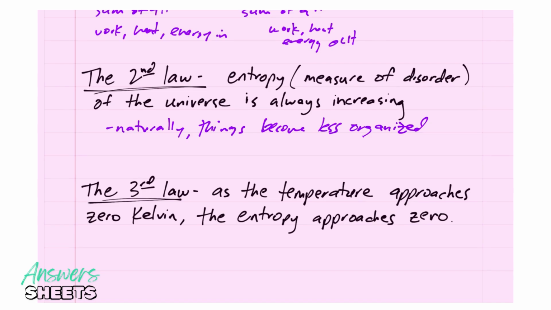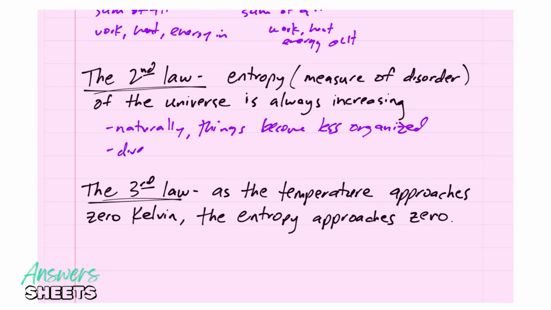If you don't take care of things, they become less organized. It's a measure of disorder, almost a measure of chaos. If we don't put work into things, things become more chaotic.